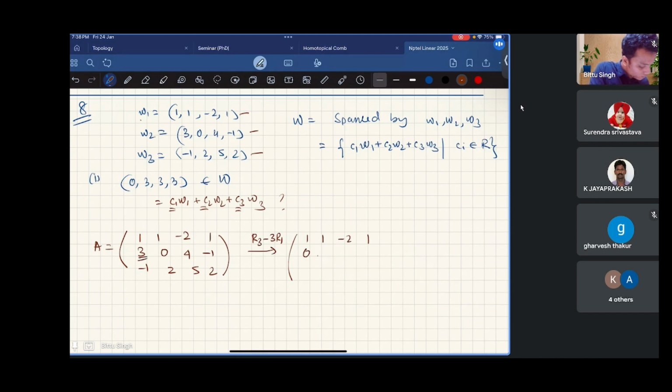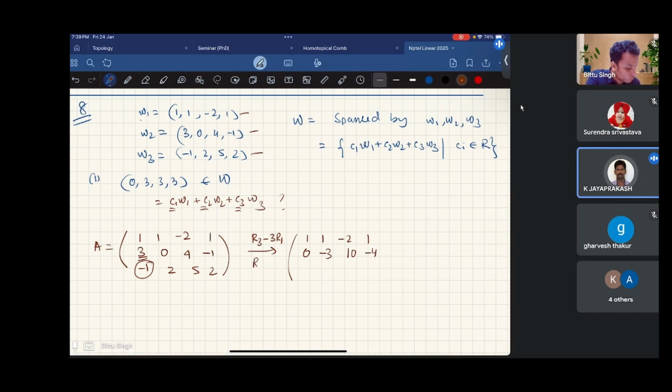This will vanish, so it is 0. Then minus 3, then 4 plus 6, which is 10, and minus 1 minus 3, which is minus 4. Similarly, to make it 0, we do row 3 plus row 1. It will become 0, then 3, then 5 minus 2, which is 3, and 2 plus 1, which is again 3.